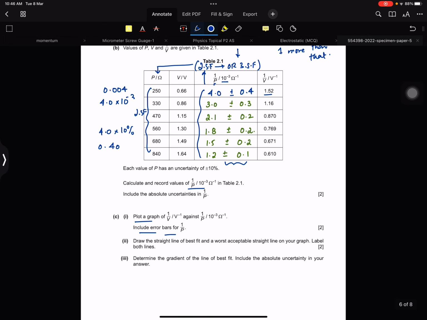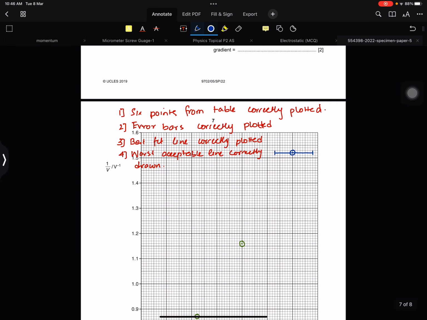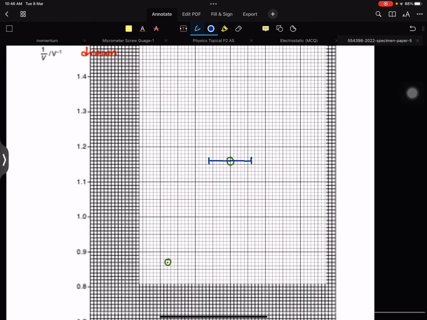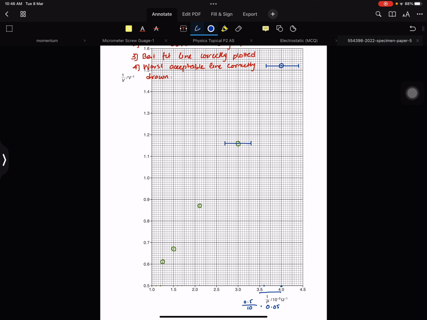Now the next point is 0.3. So here 1, 2, 3, and 1, 2, 3. Notice I predetermined the length I need to move, or what each box shows. You need to be very careful about that.